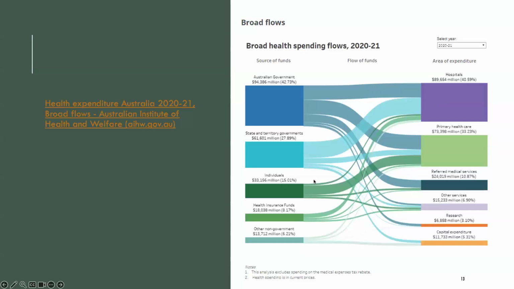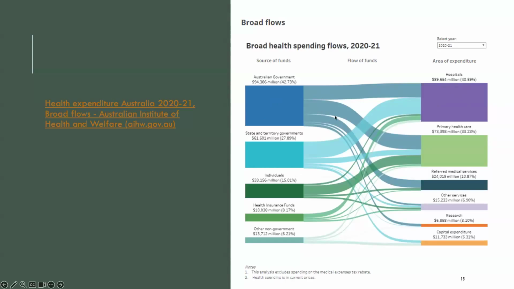So this chart here summarizes the same information, giving you more ideas on the amount of money being spent on specific health sectors. You'll see that much of the funding from the government is being spent mostly on hospitals, and you have some figures there.